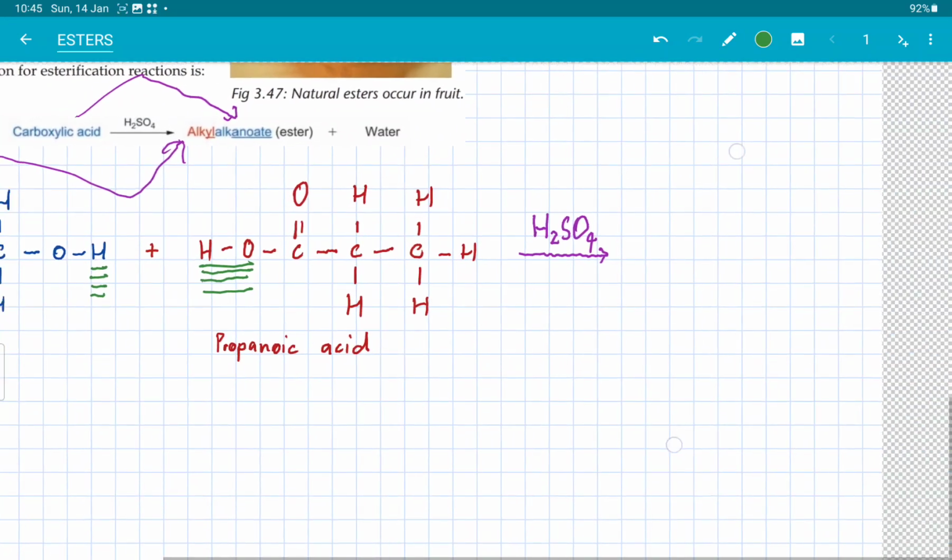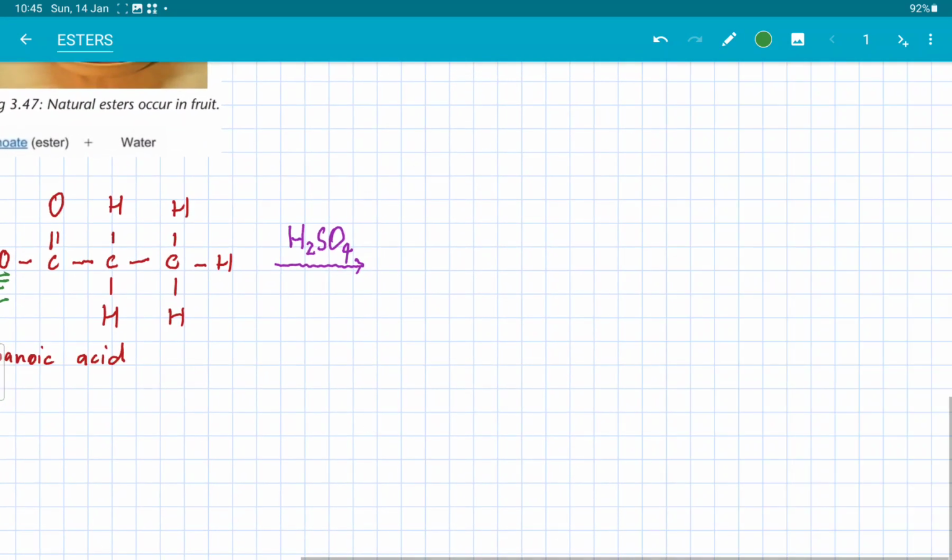Now what that means is our alcohol continues like this. I'm going to use different colors so that you can see it. So this is the alcohol part now.